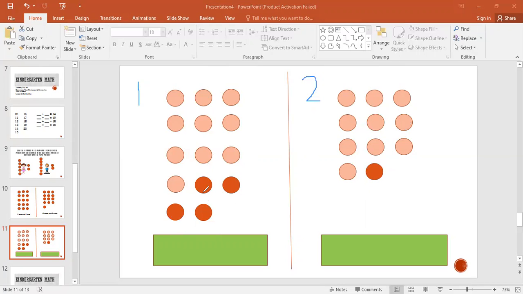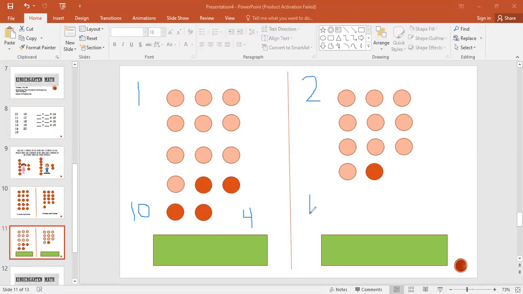So let's go ahead and count our orange pennies. 1, 2, 3, 4. So I know 4 ones. We already have 10 ones and 4 ones because 1, 2, 3, 4 ones.